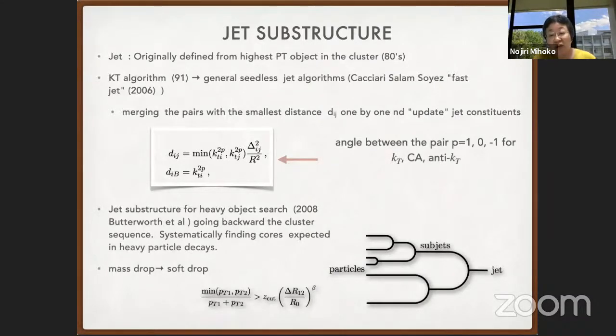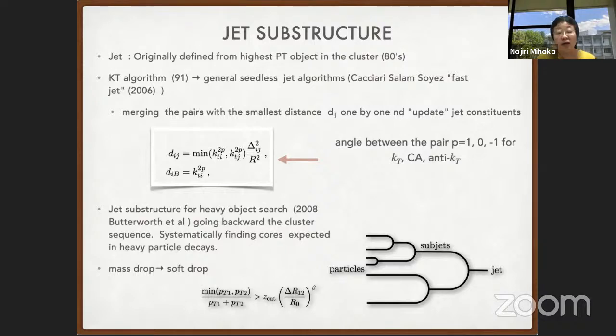Depending on this factor p, can you see my cursor? Depending on the value of p, we have the kT, Cambridge/Aachen, and the anti-kT algorithms. The idea of jet substructure started from this clustering algorithm, which merges the pairs. If you go back through this merging, you get a subjet.